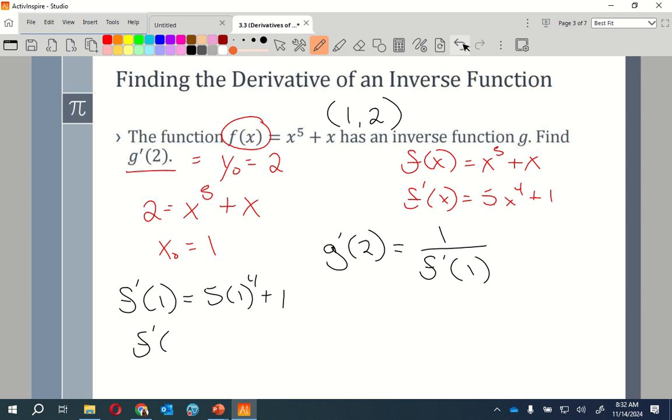F prime of 1 is equal to 6. So therefore, my answer over here, 1 over 6.